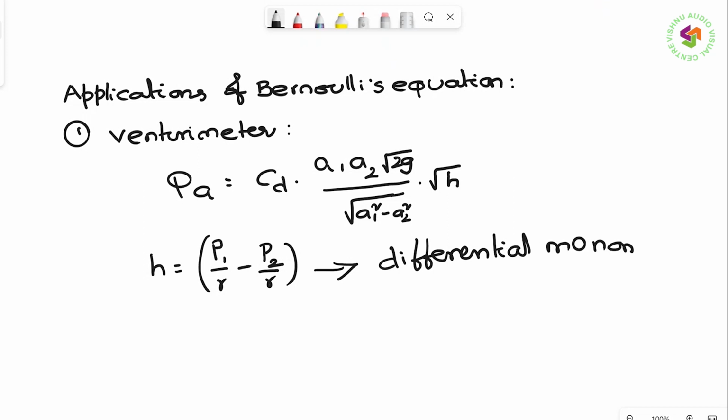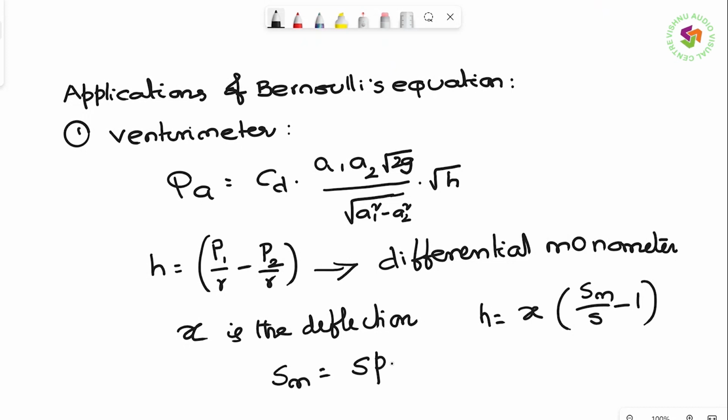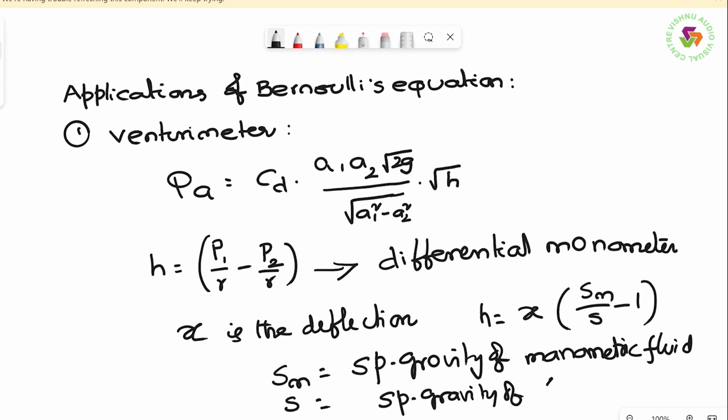But how we will find it out is using the differential manometer. Using the differential manometer, if X is the deflection in the manometer, then H is equal to X into (Sm by S minus 1), where Sm is the specific gravity of the manometric fluid and S is the specific gravity of the flowing fluid.